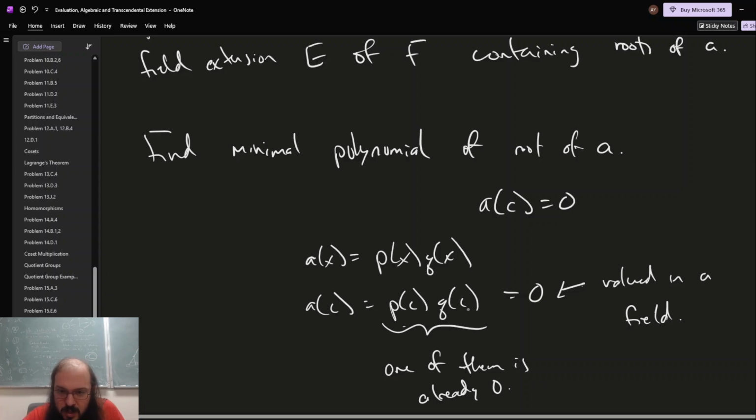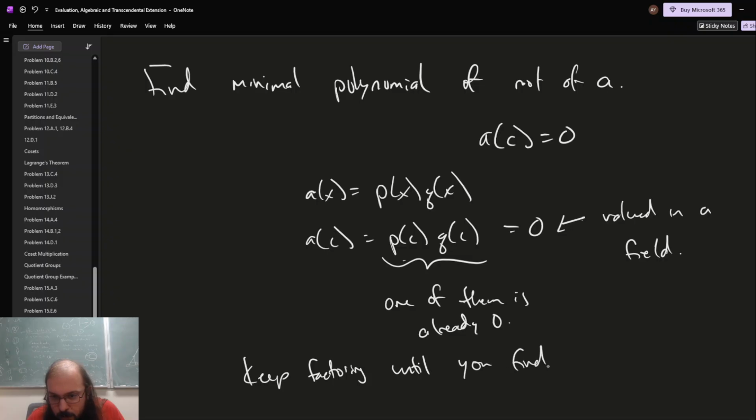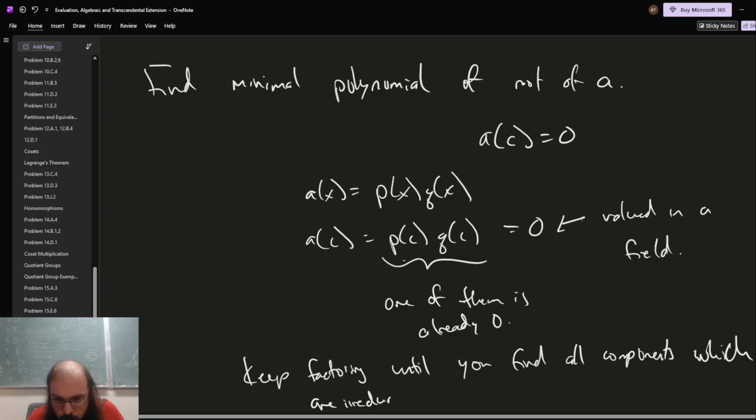And so what this means is c solves one of P or Q. It could solve both of them, but no matter what, you can just basically keep going, keep dividing, keep factoring until you find all the components which are irreducible, and you only need one of them then.